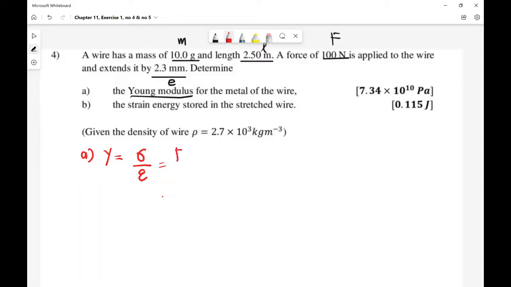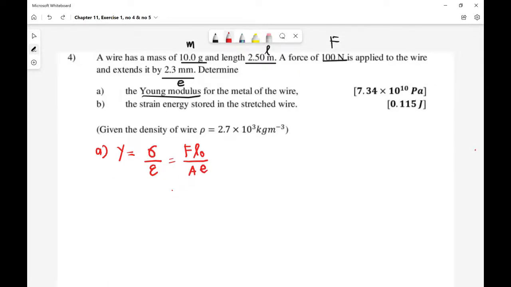Jadi kita dapat F L naught over AE. So dalam equation ni F dah ada, L naught pun dah ada, elongation pun ada, cuma cross sectional area je tak tahu.